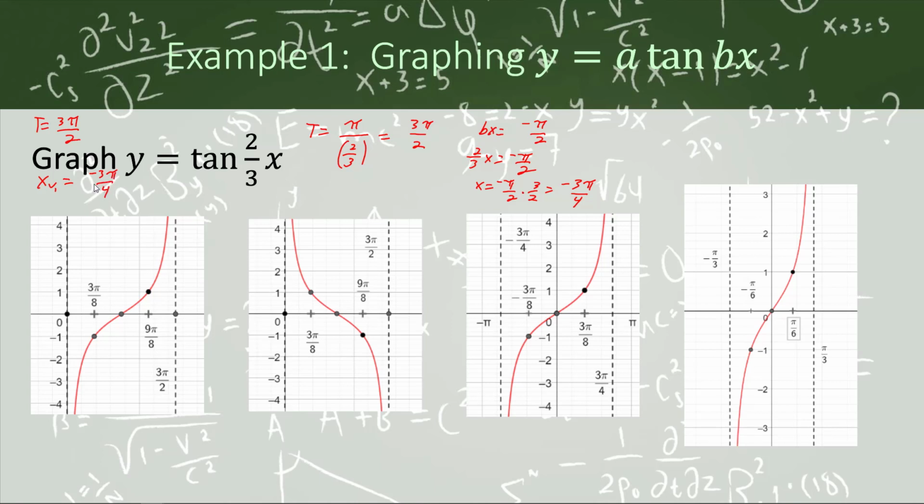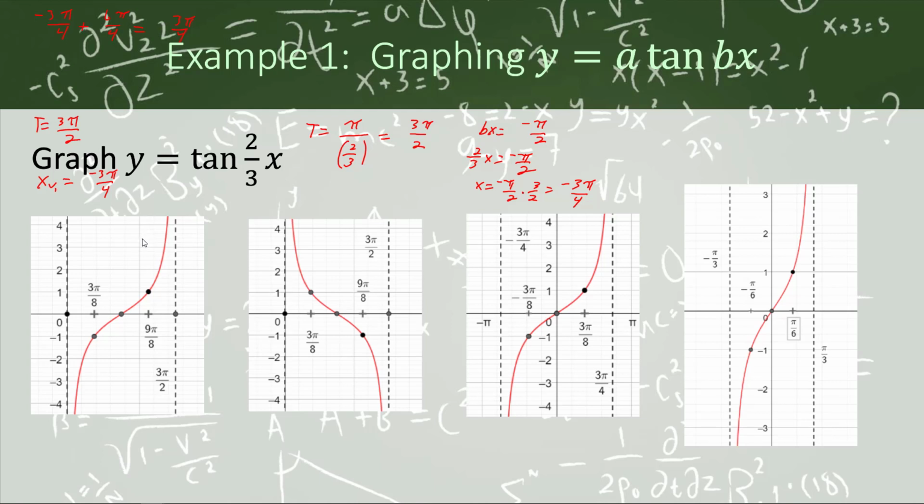Well, remember here that the next vertical asymptote is going to be one period beyond that, so we could actually compute that by taking negative 3 pi over 4 and then adding 3 pi over 2 to it, which by the way would be 6 pi over 4. That would give us positive 3 pi over 4. That would be our next vertical asymptote.